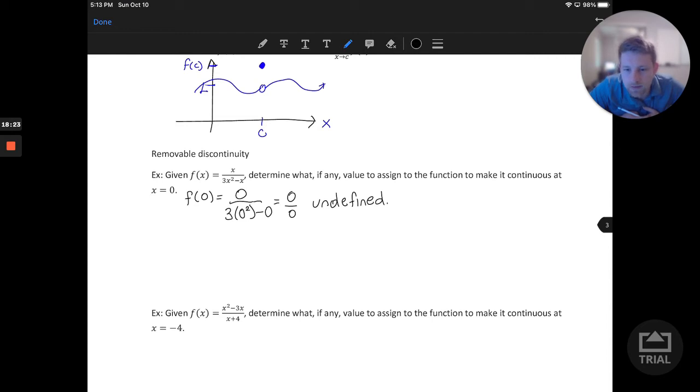One way we can do this is to consider the limit as x approaches 0 and see if we're approaching a common value from the left and the right. So let's consider that now with the limit.